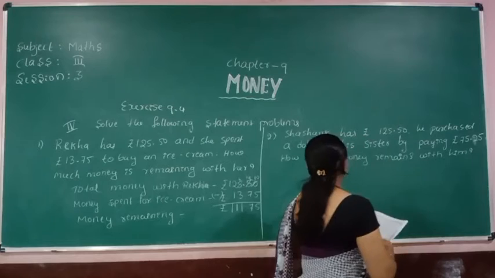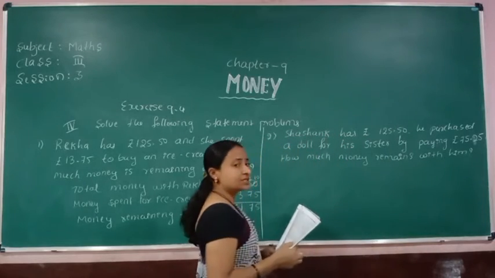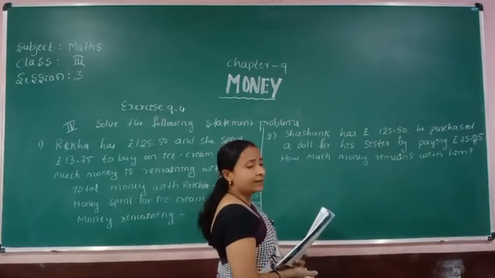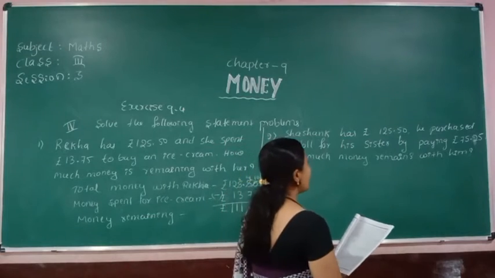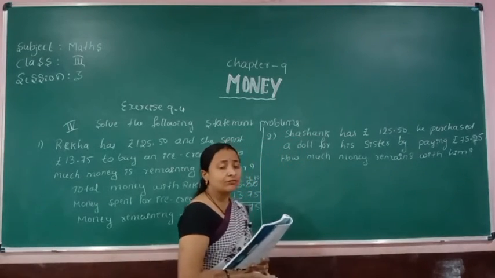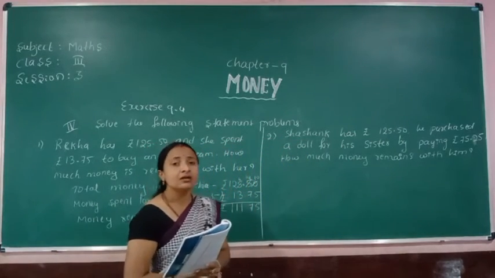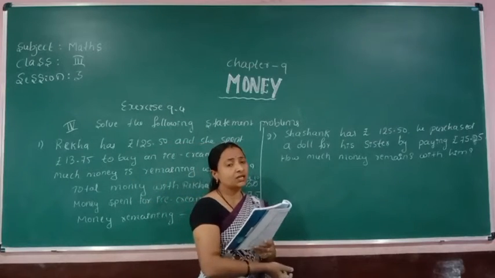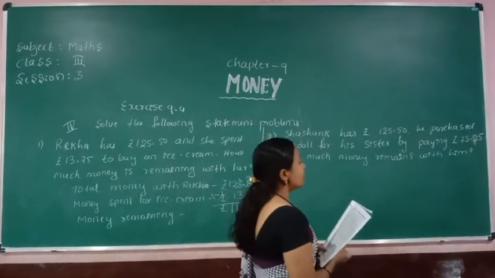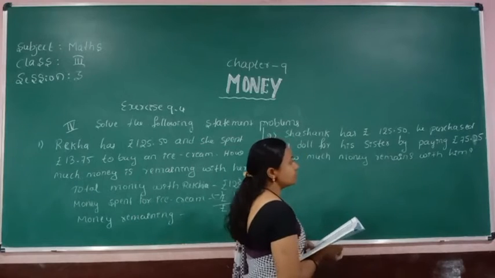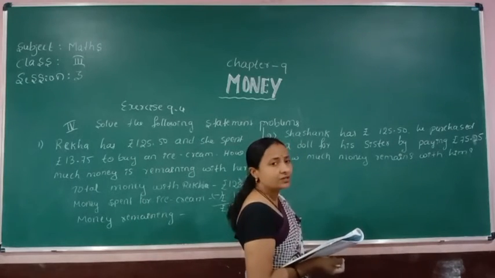Yes, so here Shashank has total 125 rupees 50 paise, and he purchased a doll. For what purpose? He gave it to his sister. So that purchasing amount is 75 rupees 25 paise.